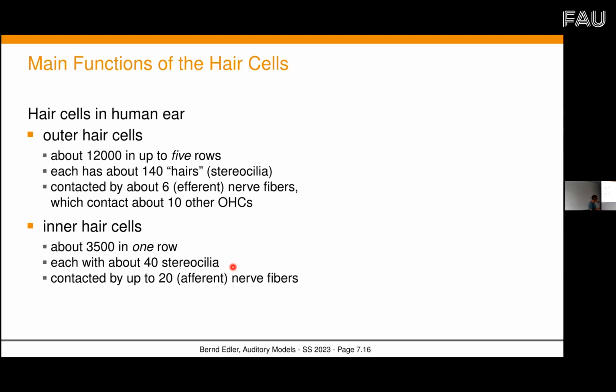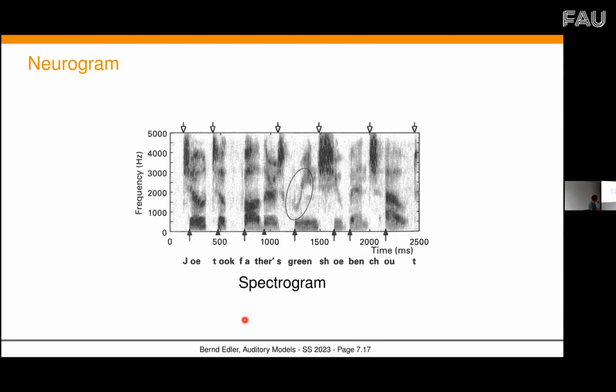And from this, if we measure neural activities, we can get some kind of patterns of neural activities depending on the sound pressure level and frequency and so on. And this led to some representations of neural activities, which would then be called a neurogram.